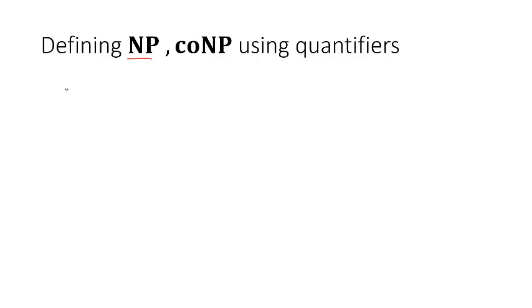We say that the language L belongs to class NP if the following holds. There exists some verifier, which we call the verifier for L, which is polynomial time.